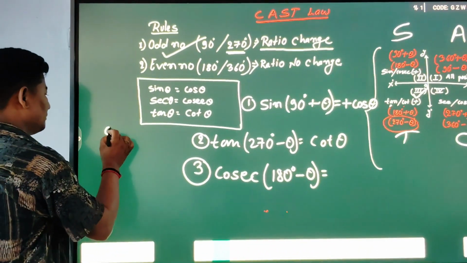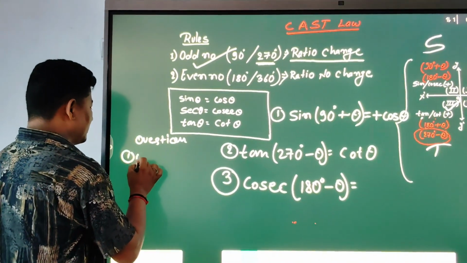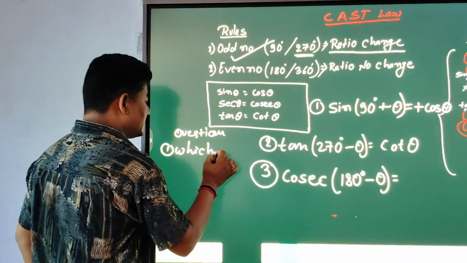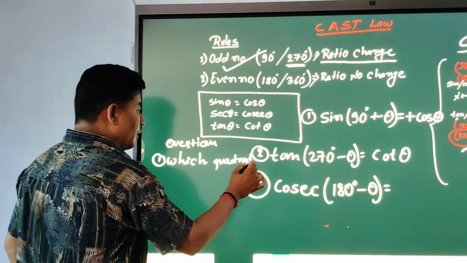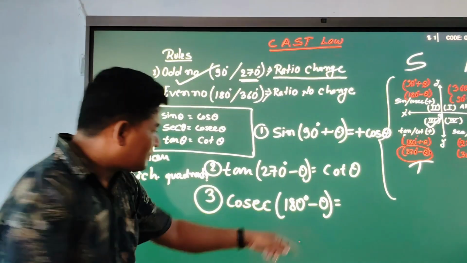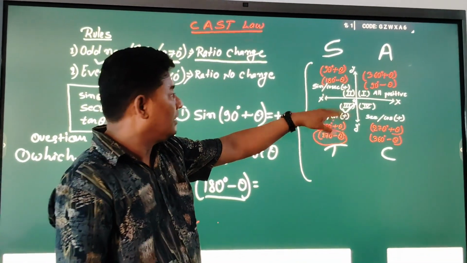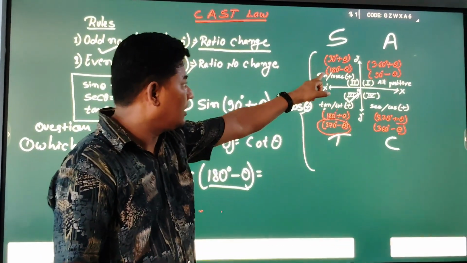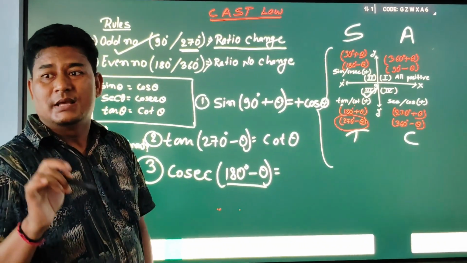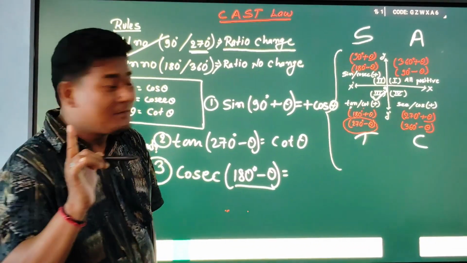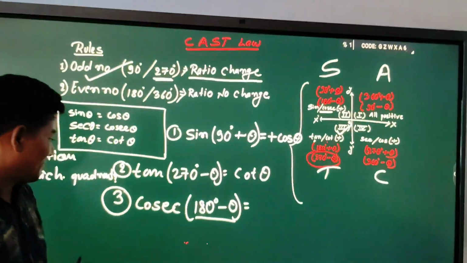Which quadrant is it? From 180 degree minus theta we can find which quadrant it is. 180 degree minus theta is second quadrant, and second quadrant means sine and cosec are positive.